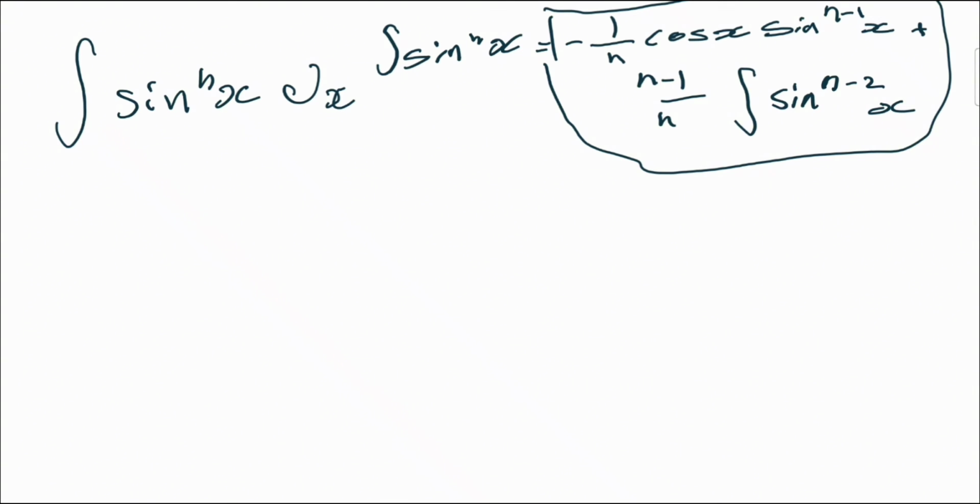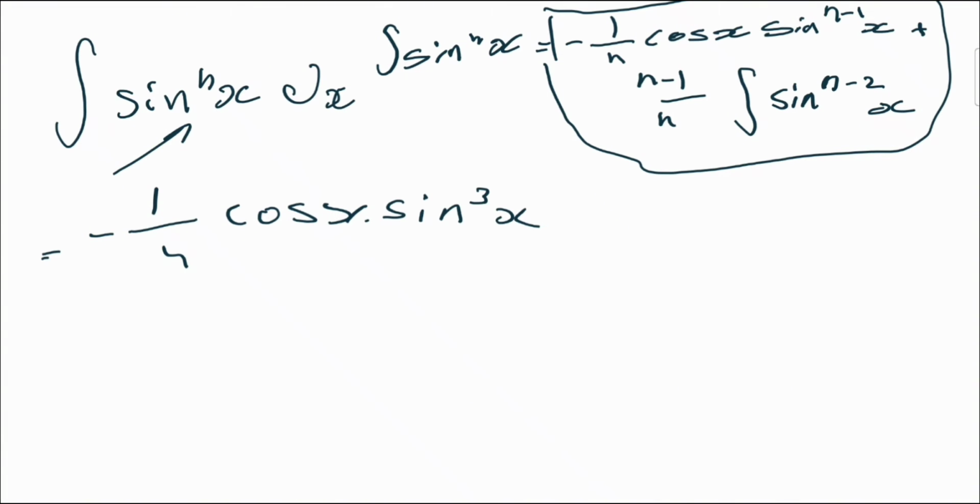Great. So that means that this equation here is going to be equal to negative 1 over 4 cosine x sine to the 3rd x plus 3 over 4 integral sine squared of x.